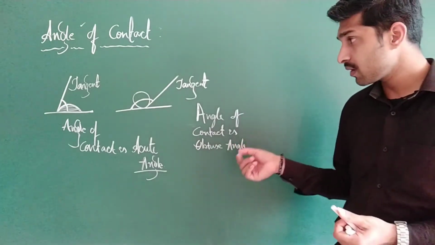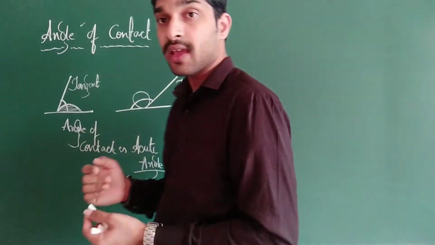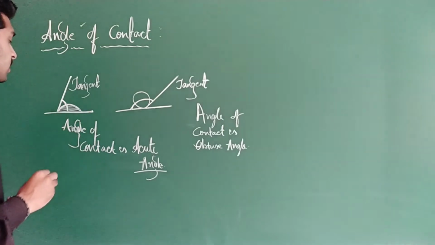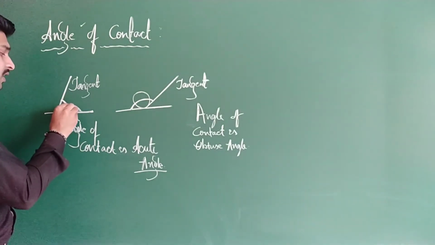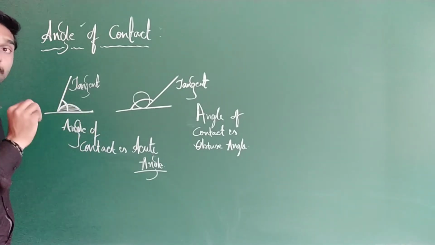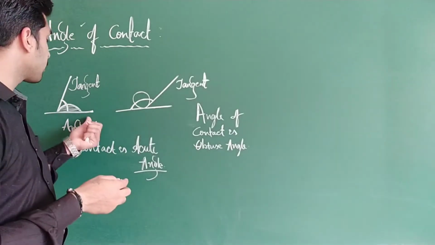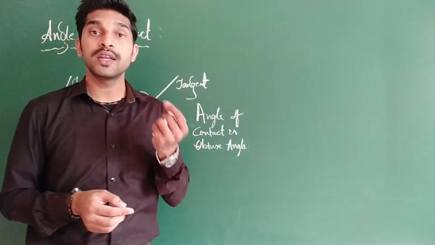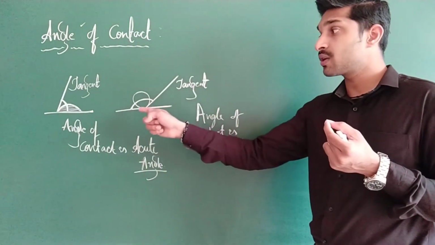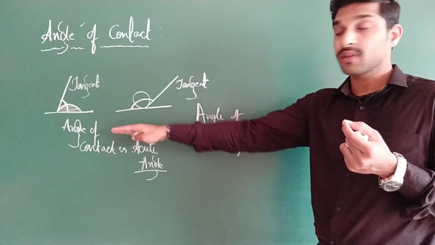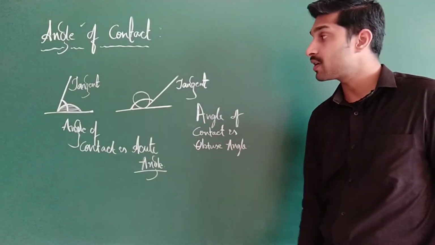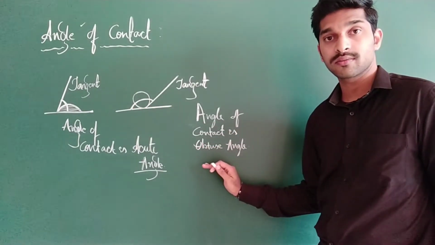And one more thing, in this complete angle of contact concept, first of all, you will be measuring the angle within the liquid, that means the angle between the tangent and the solid surface, but that solid surface you are going to consider where liquid is present. Remember, where the liquid is present, there you will be considering the angle of contact. And here also, where liquid is present, that side you will treat as the angle of contact.